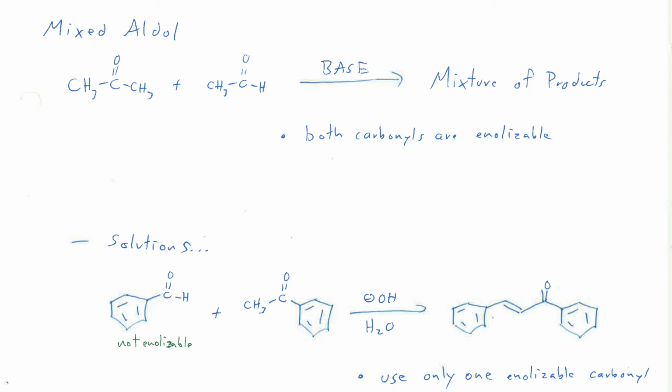Benzaldehyde can't form an enolate. So if you then react this as the electrophile with some carbonyl species that does have alpha protons that can be enolized, something like acetophenone, well then you know that's going to get enolized, and it limits the number of products that can form. And in this specific reaction, it's actually not so bad.